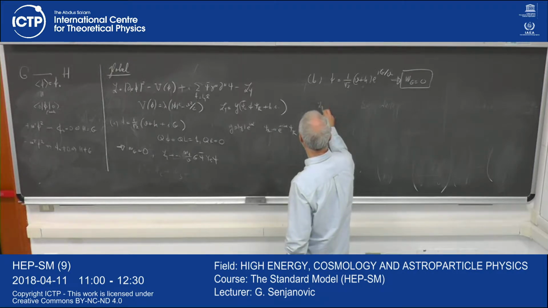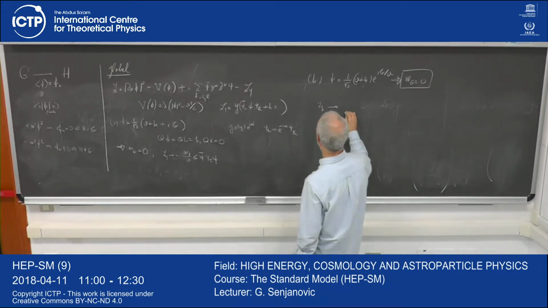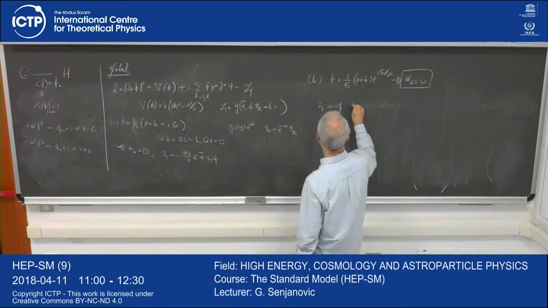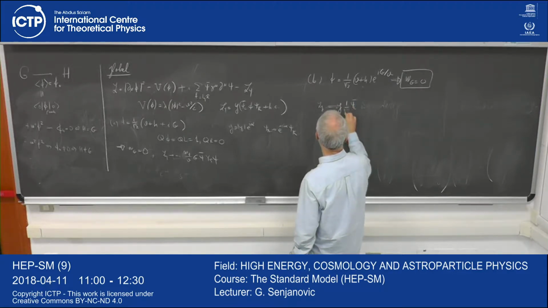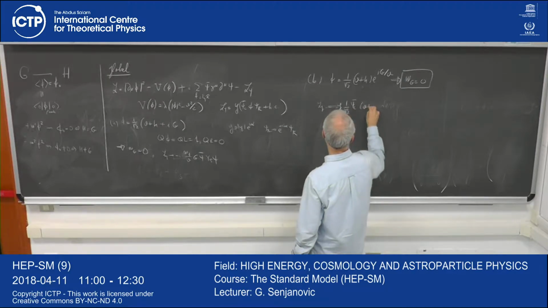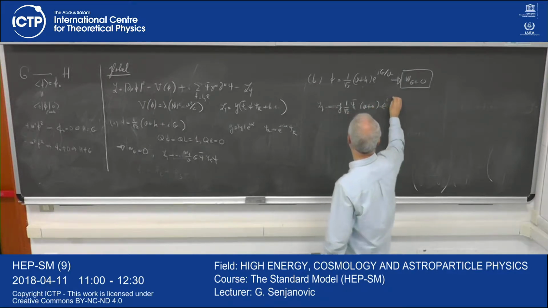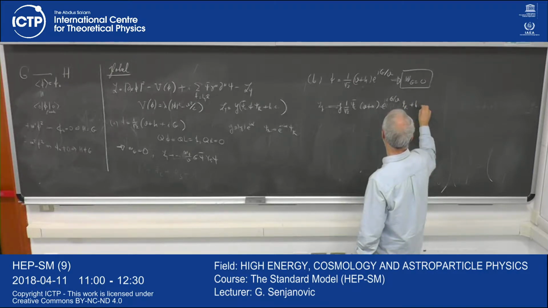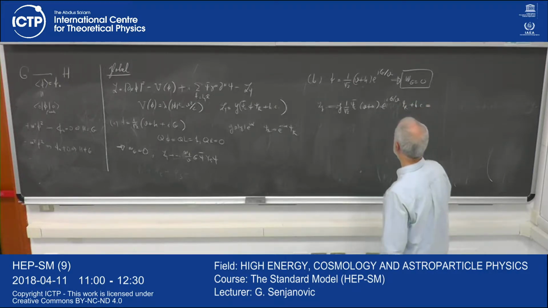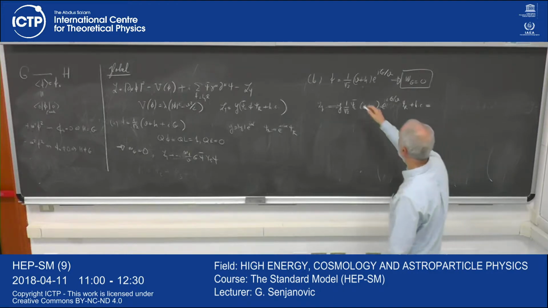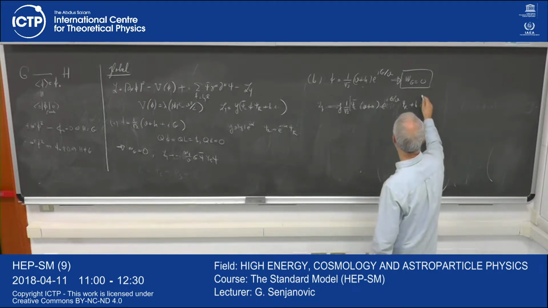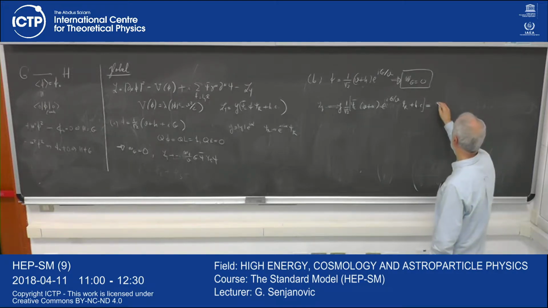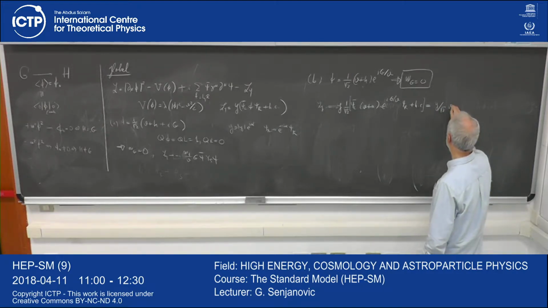Yukawa will give me now, y psi L bar 1 over square root of 2, v plus h, e to the i G over v, psi R plus Hermitian conjugate. I can write it like this. So what do I get? I will get y over square root of 2, v plus h.